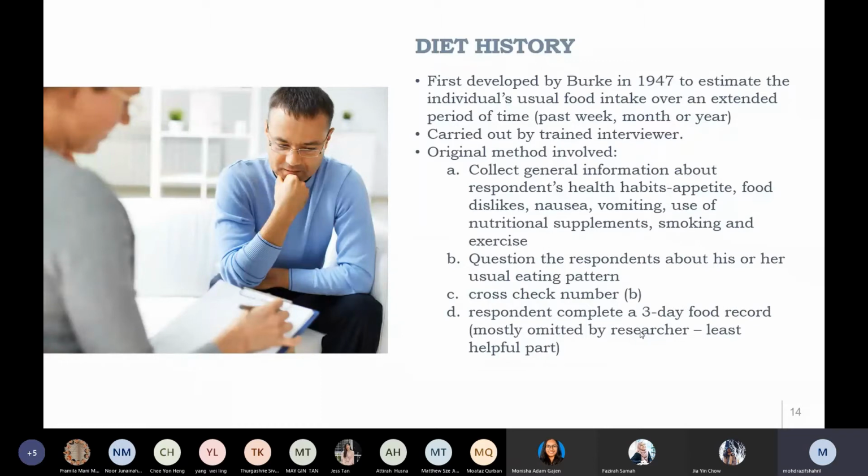After they have completed the diet history in person with the respondent, they ask the respondents to complete another 3-day food record just to see the consistency between the diet history and the food record. But most of the time, the researcher will omit this step because it will be very burdensome to have two types of dietary measurement in a study. Okay.